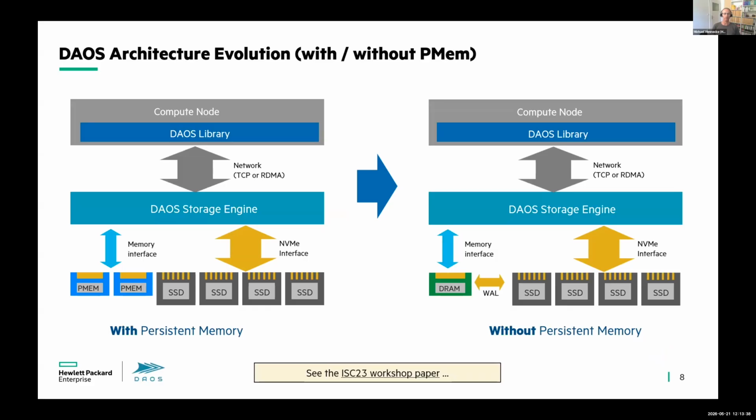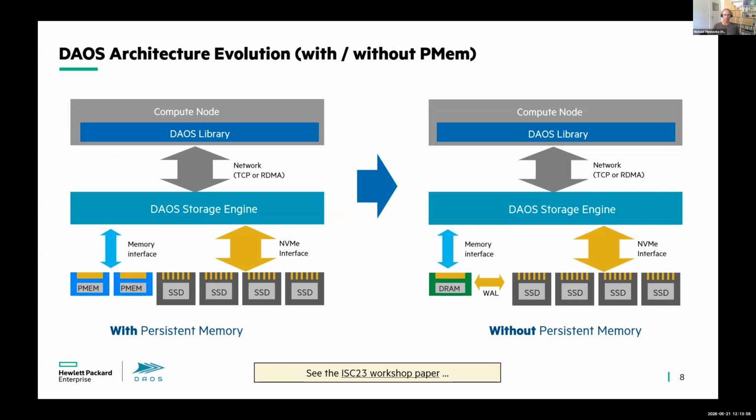In DAOS, we always had a bulk storage interface through SPDK to the SSDs, and then essentially a load store interface where, in the PMEM world, we had a file system on PMEM. We have files in that PMEM file system that are memory mapped, and then we can load store to that, and everything is persistent because the media are persistent.